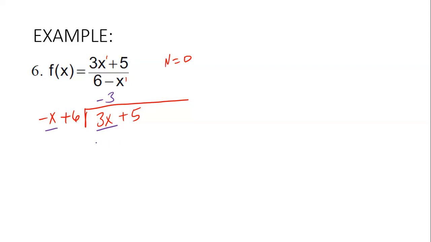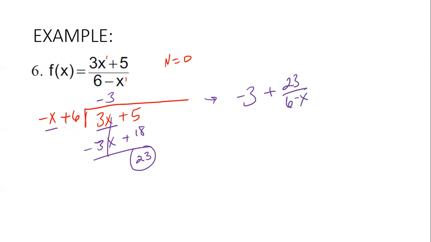Negative 3 times negative x is positive 3x. Negative 3 times 6 is negative 18. We subtract. And we're left with a remainder of 13. Isn't it 23? Yeah. So here's my remainder. So we have negative 3 plus 23 over 6 minus x.